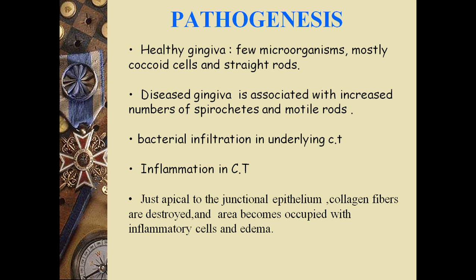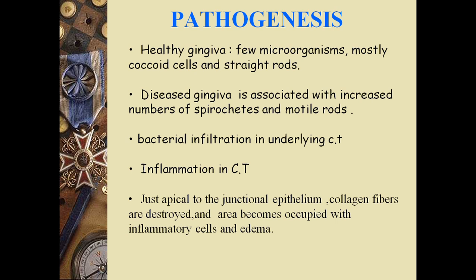Pathogenesis. Healthy gingiva is associated with few microorganisms, mostly coccoid cells and straight rods. Diseased gingiva is associated with increased number of spirochetes and motile rods. So initially, there are only few microorganisms and those are mostly gram-positive rods and cocci.